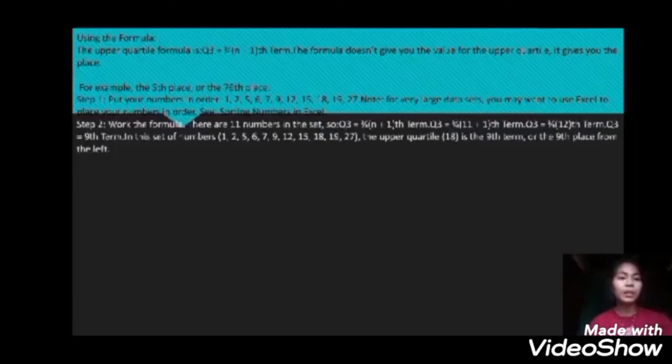Quartile 3 is equal to the 9th term. In the set of numbers 1, 2, 5, 6, 7, 9, 12, 15, 18, 19, 27, the upper quartile 18 is the 9th term or the 9th place from the left.